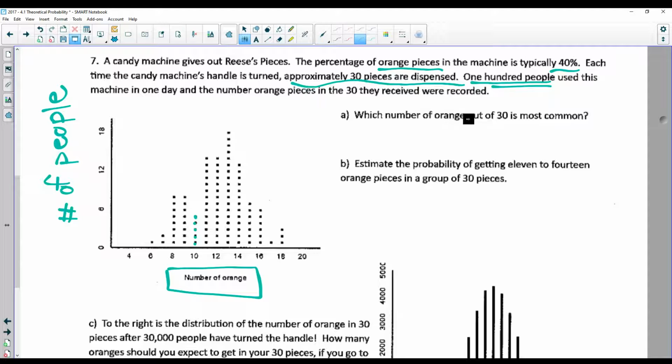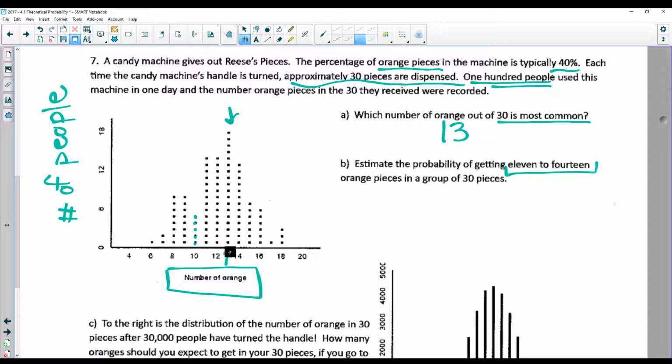Which number of orange out of 30 is the most common? Well, clearly that is 13. 13 happened the most. That would be the mode. Estimate the probability of getting 11 to 14 orange pieces in a group of 30 pieces. Now, this would be experimental probability because we're not saying theoretically, we're basing it on exactly what happened.